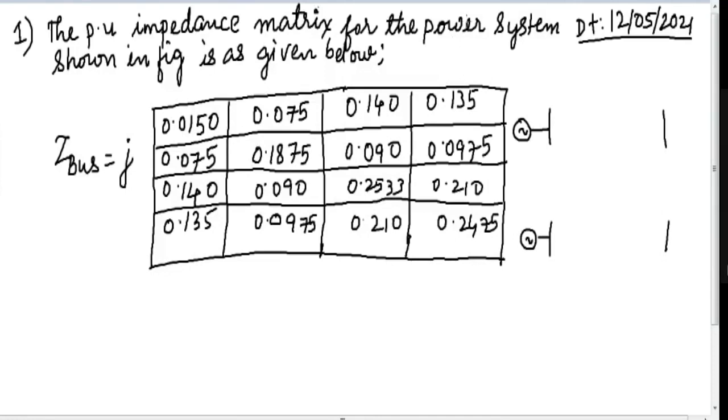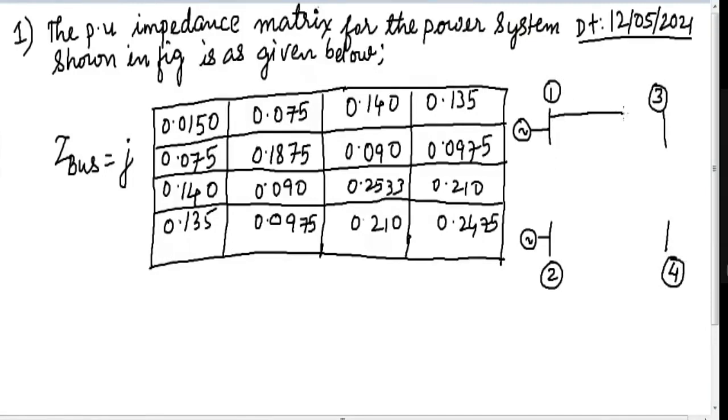So there is a 4-bus system. That's why you can see that the matrix is also a 4 by 4 matrix. So as this is a 4-bus system, the matrix is also a 4 by 4 matrix. So 1, 2, 3, and 4. These are the 4 buses.